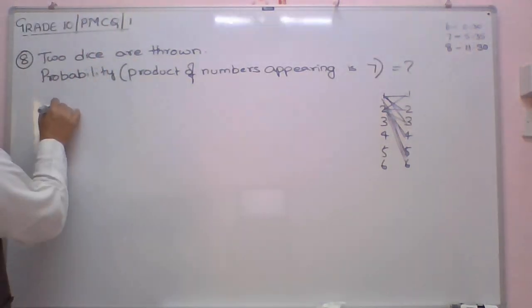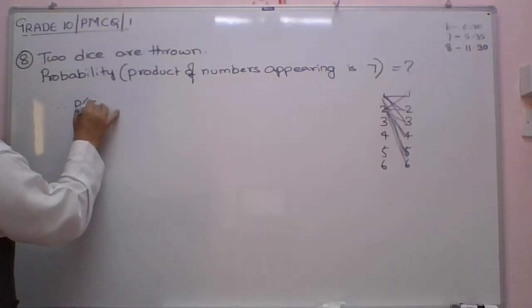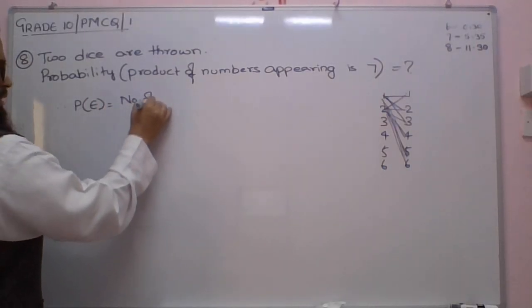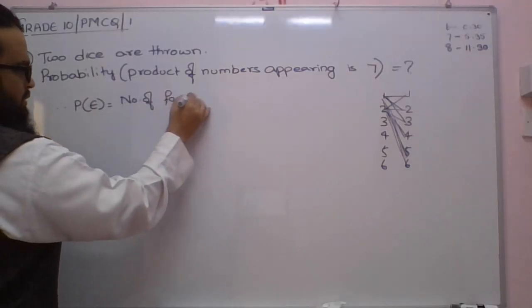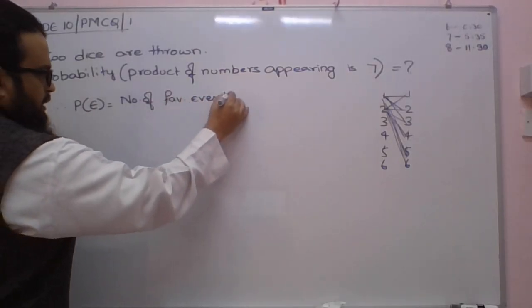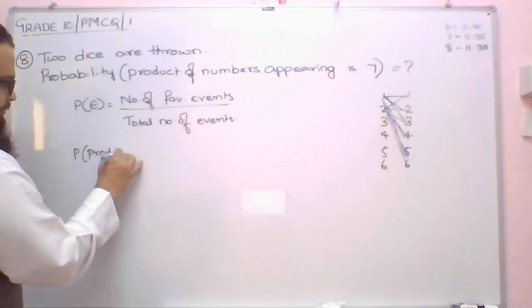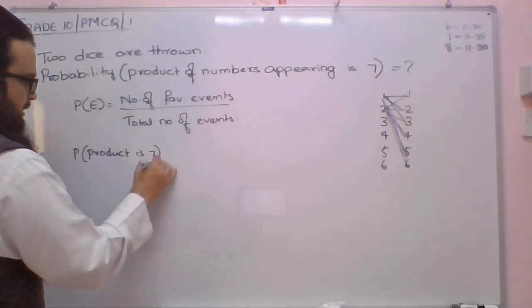So therefore, the probability of an event is equal to the number of favorable events divided by the total number of events. Now the probability that the product is 7 is equal to what?